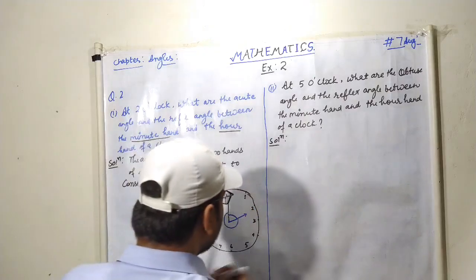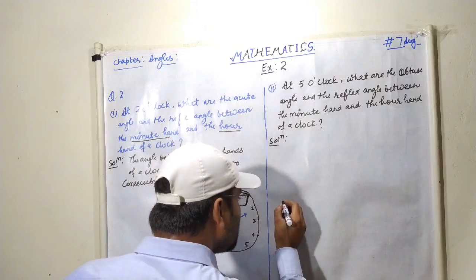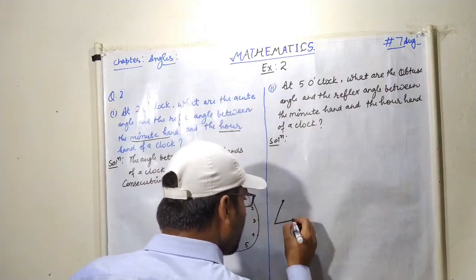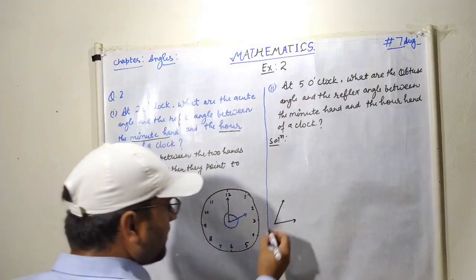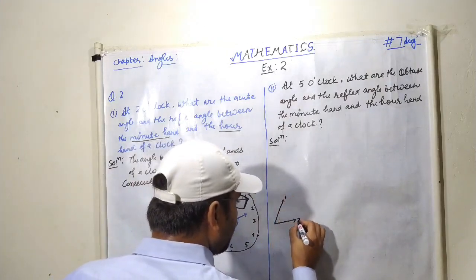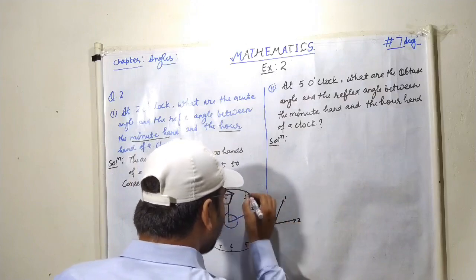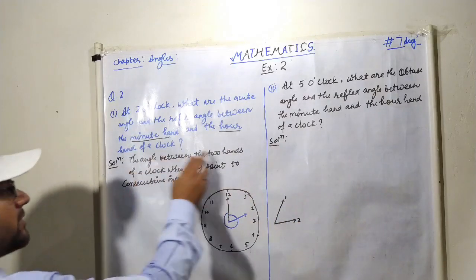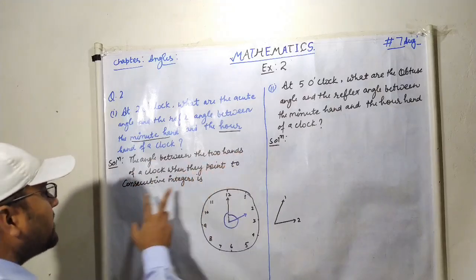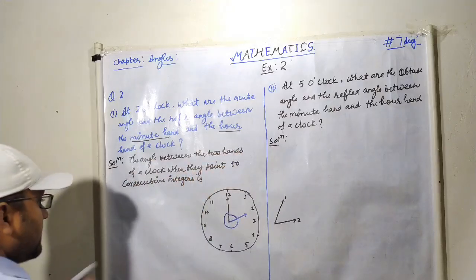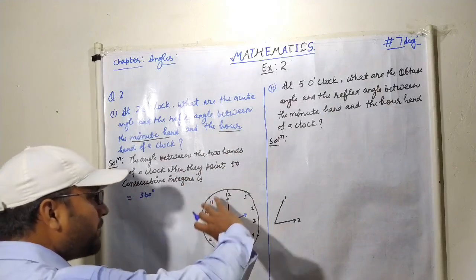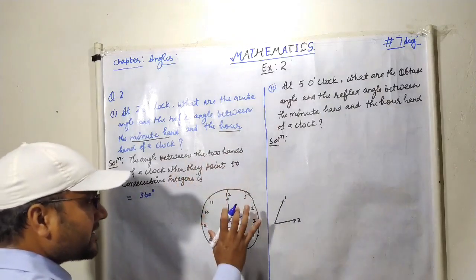What is the value of the angle between any two consecutive integers? In one complete rotation it forms 360 degrees.